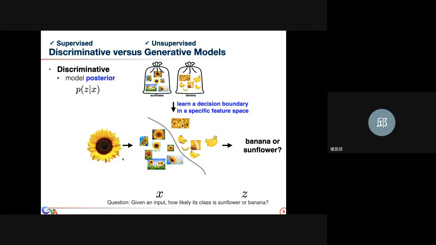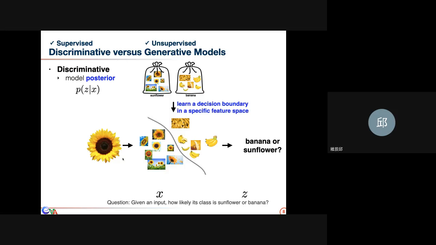And for unsupervised learning, you only have the input data, a lot of data points, and you try to find out some patterns or properties from these data points, but you don't have any corresponding labels. Actually, supervised learning and unsupervised learning are closely related to discriminative models and generative models, respectively.